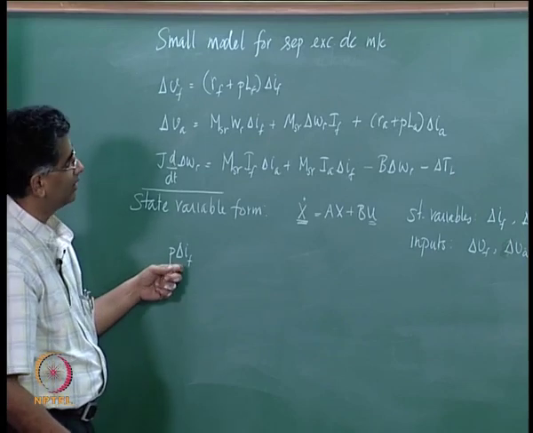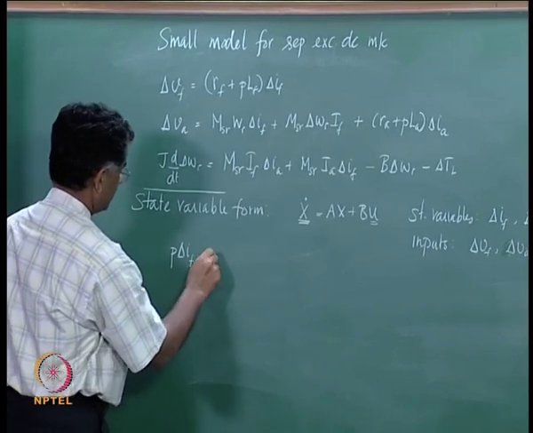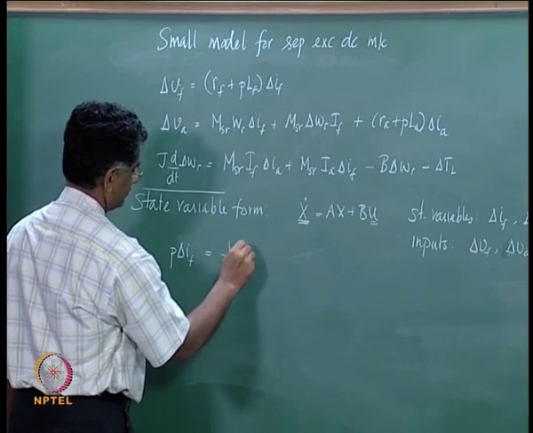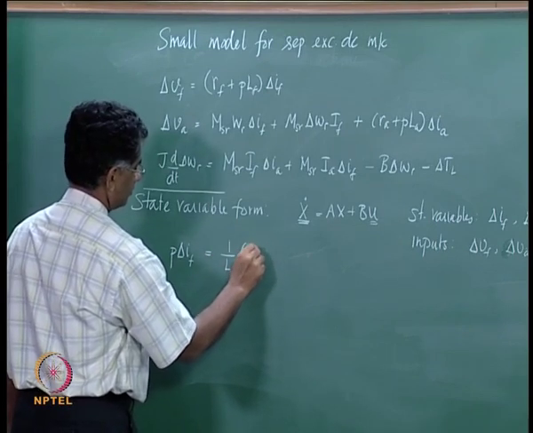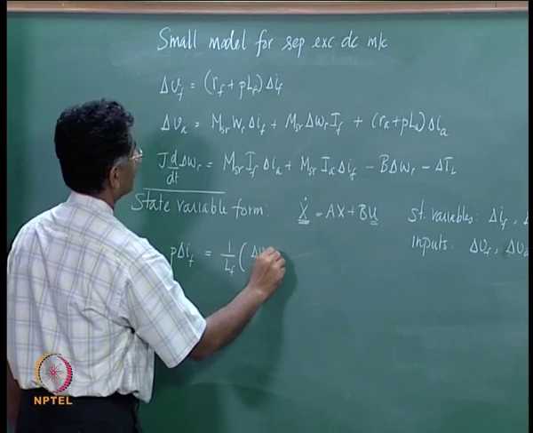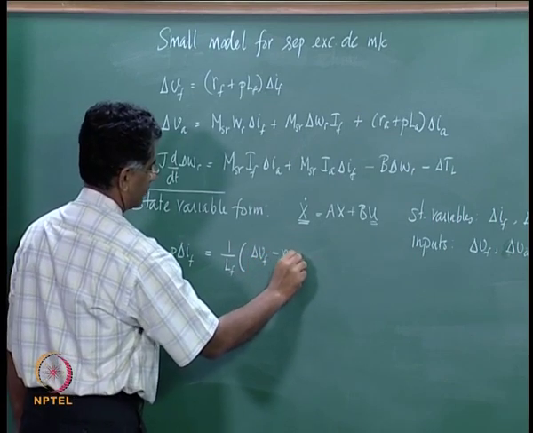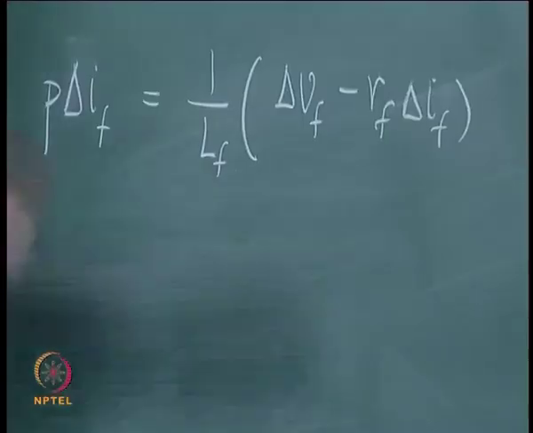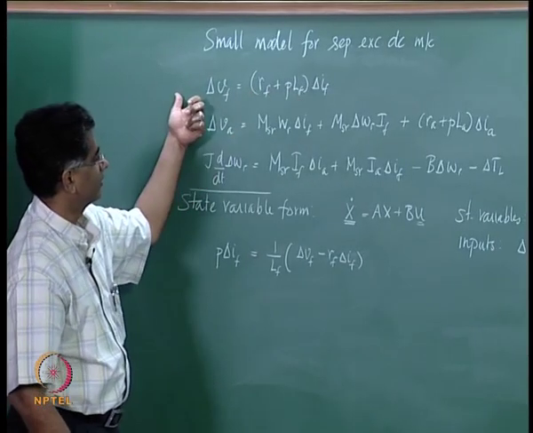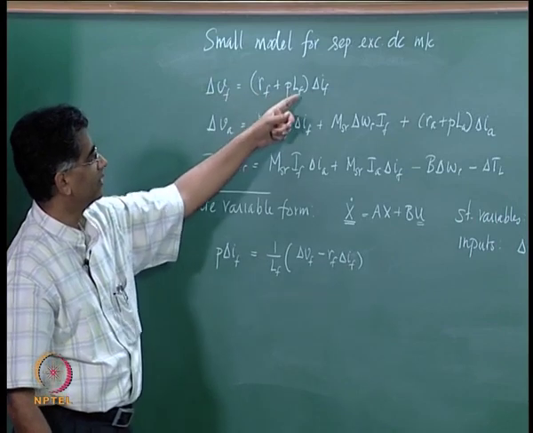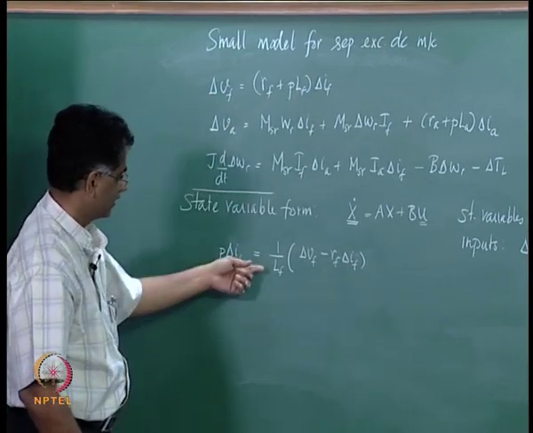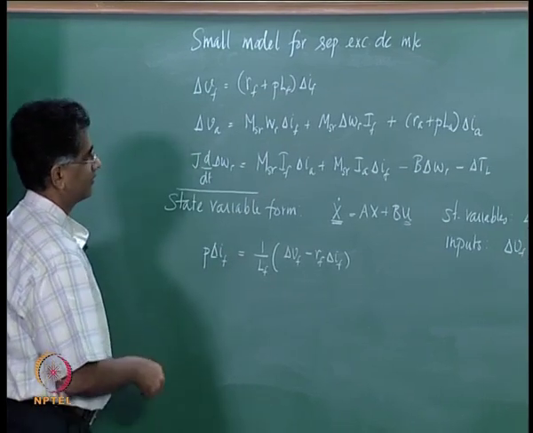So d by dt of delta If equals 1 over Lf into delta Vf minus Rf into delta If. You take the term Rf delta If onto the left hand side, then you are left with P Lf delta If, divide throughout by Lf, and this is what you get.